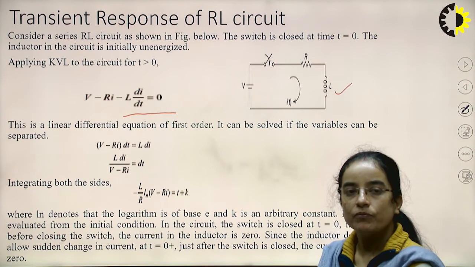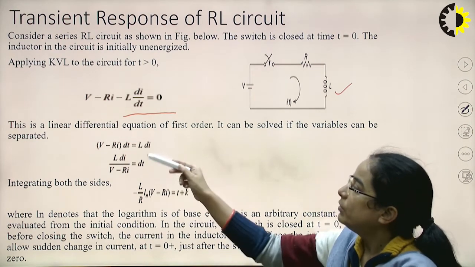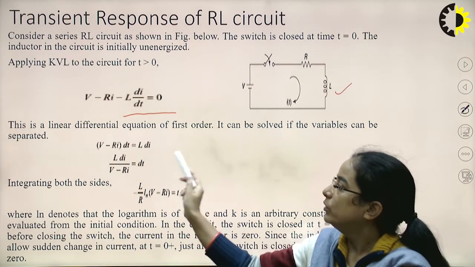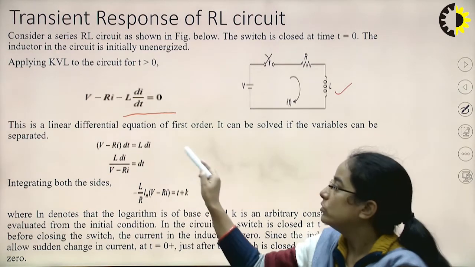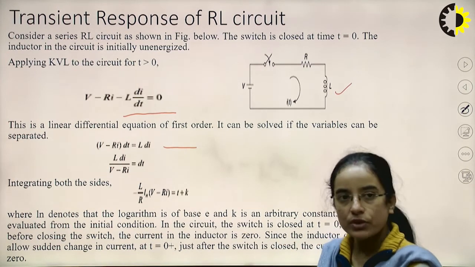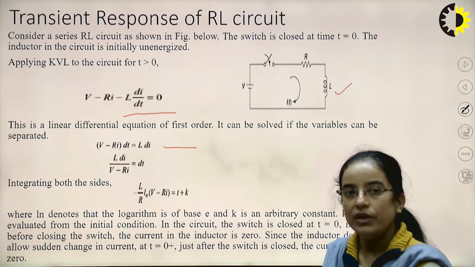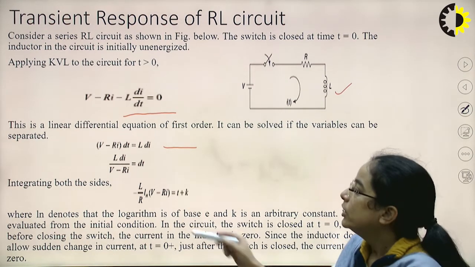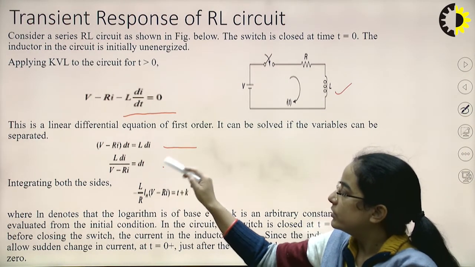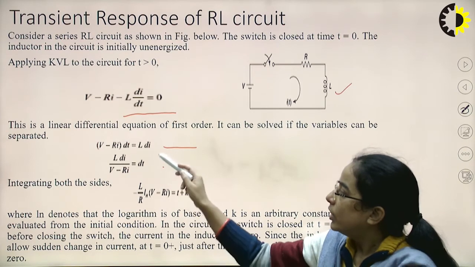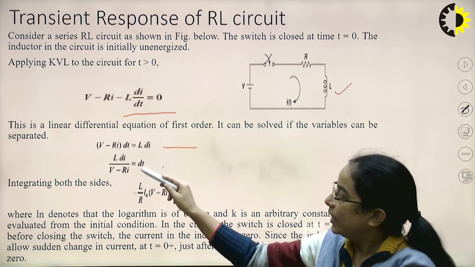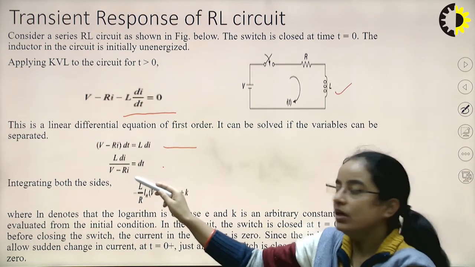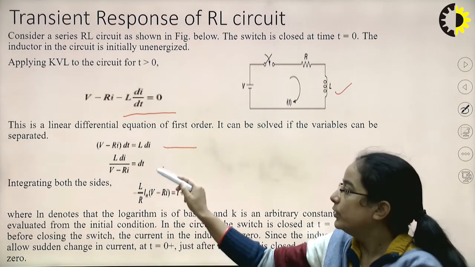How to solve this? V minus Ri into dt equal to L into di. So we have simplified this equation. Now if we integrate both sides, L di divided by V minus Ri equal to dt.